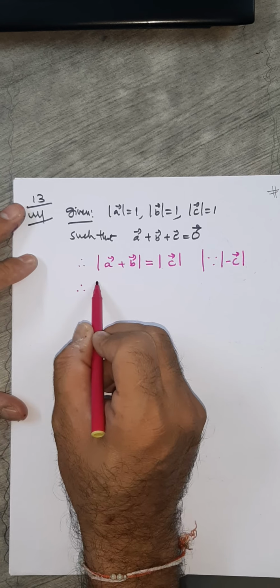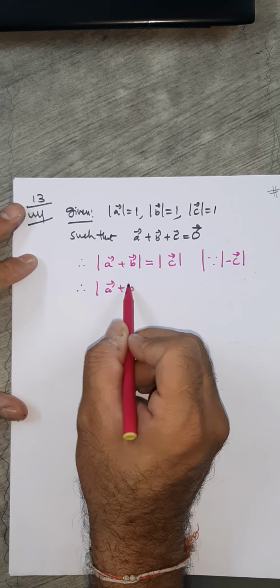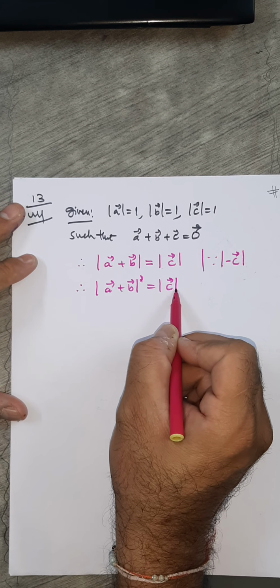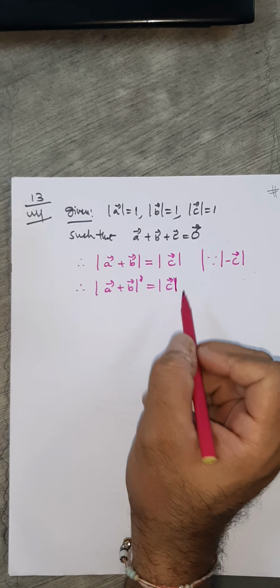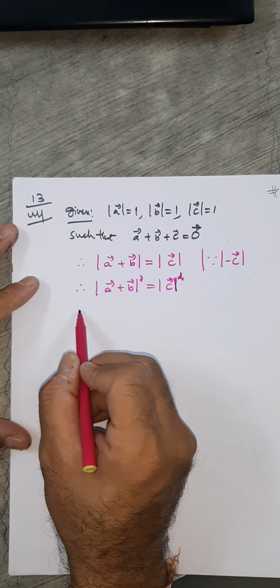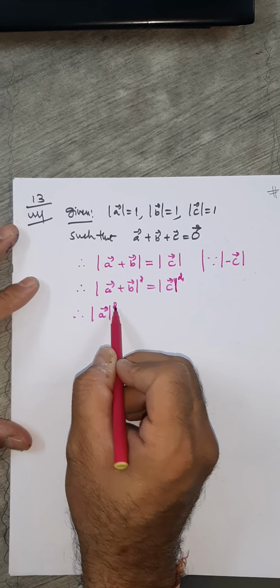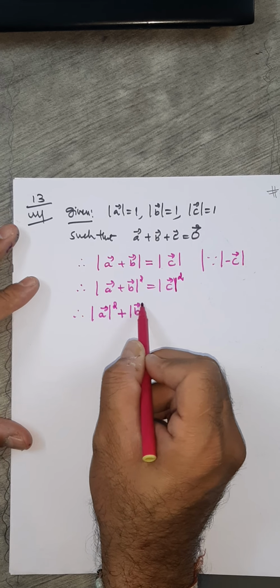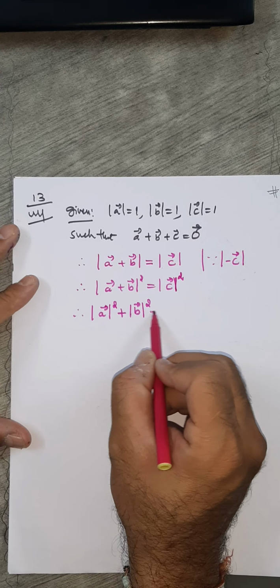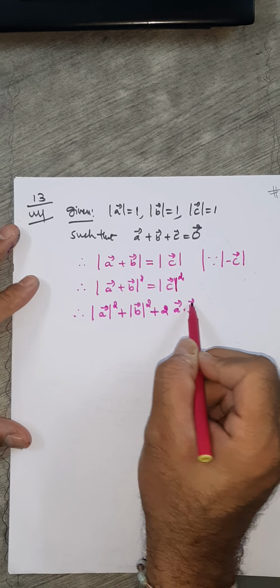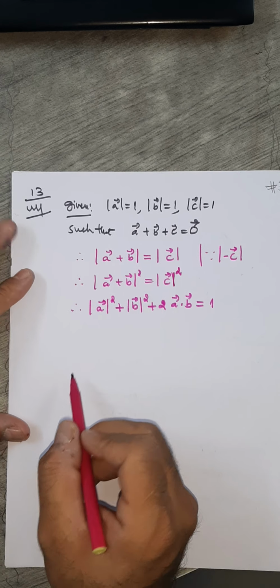Now I'll square it. Why I'll square it? Because the left hand side you can expand using A plus B whole square. So magnitude of A whole square plus magnitude of B the whole square plus 2 times vector A dot vector B equals to 1 here.